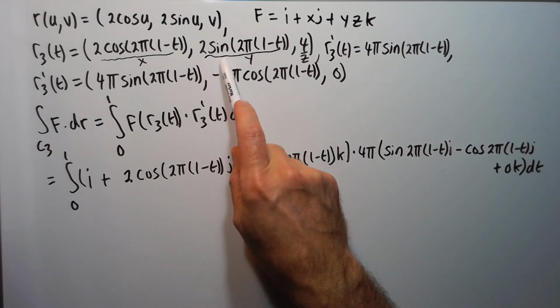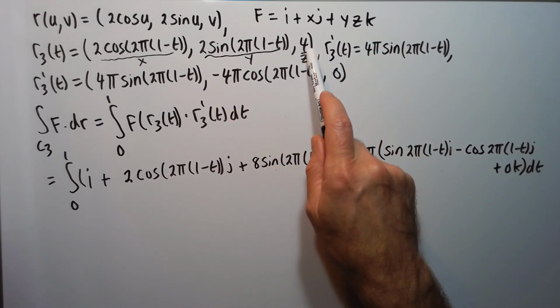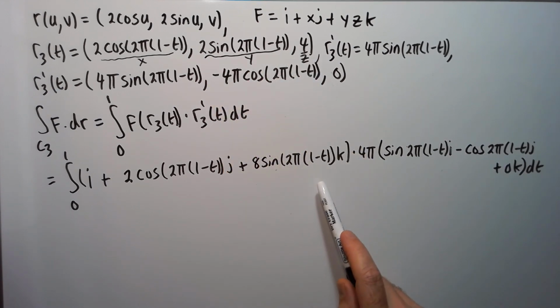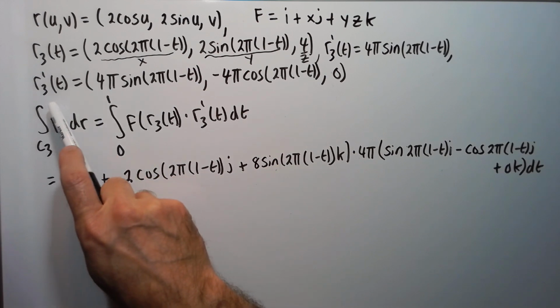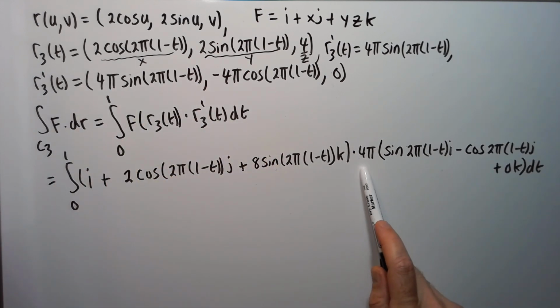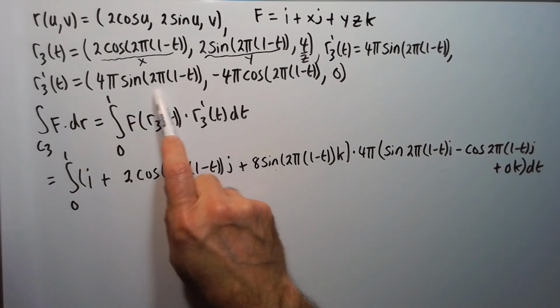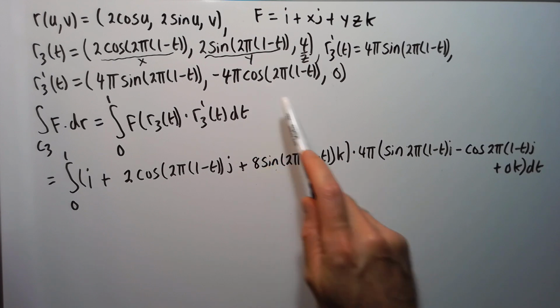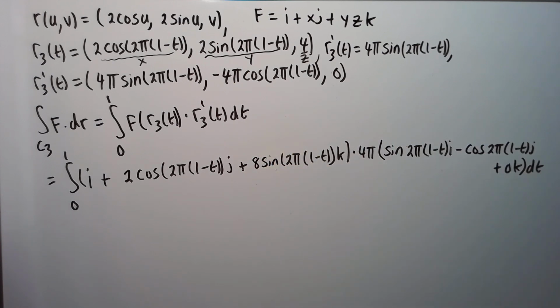Y is 2 sine, and z is 4, so it'll be 4 times 2, so 8 sine 2 pi (1 minus t) k. Then dot it with our R3 prime. I pull a 4 pi out of this guy, so it'll be sine in the i direction, minus cosine j, and 0 k.